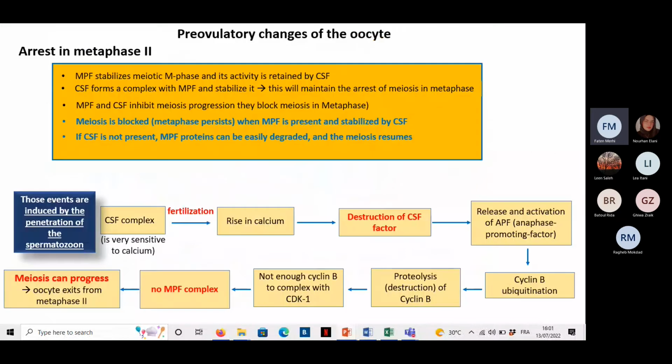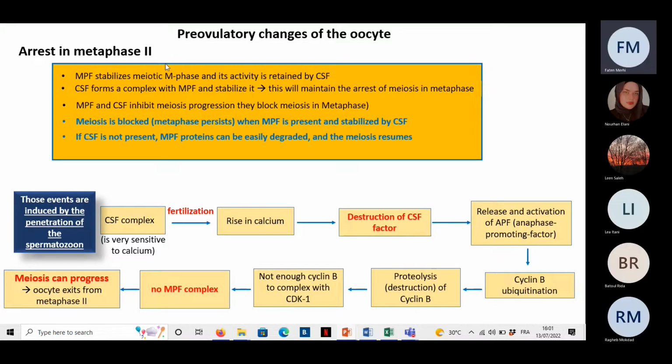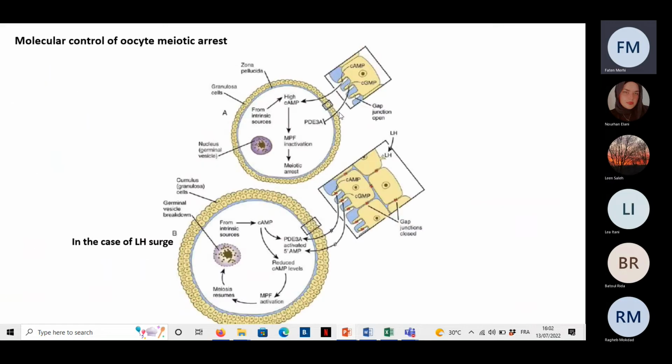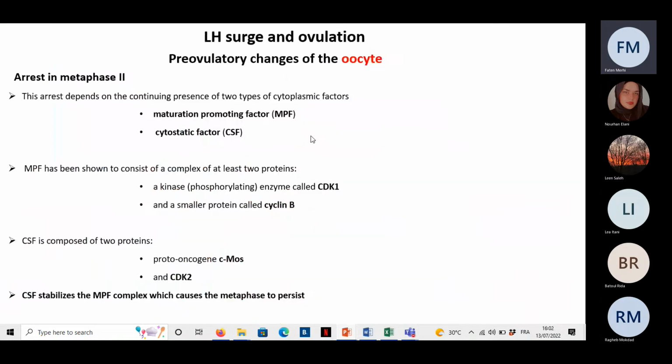Okay, now what also regulates this arrest of meiosis 2, and how can the cells exit the metaphase 2 due to the fertilization? This arrest in the metaphase 2 is also due to the presence of the MPF factor. We talked about the MPF in meiosis 1, and we will see its role in meiosis 2 also.